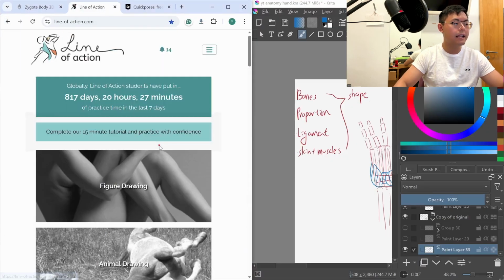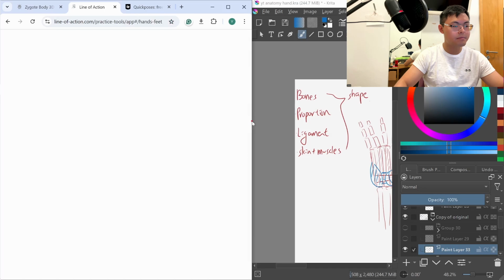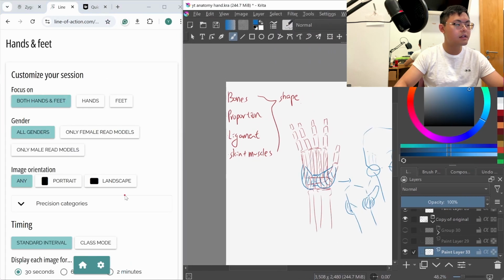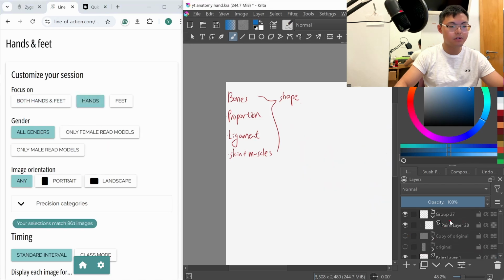Google a website called Line of Actions. Over here, it's really good. It has the hand and feet isolated from the general gesture drawings. We'll just go hands, please, and then let me show you.